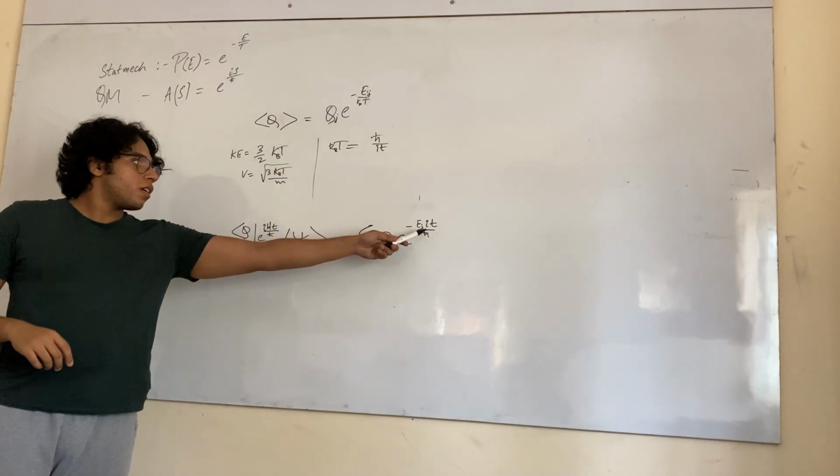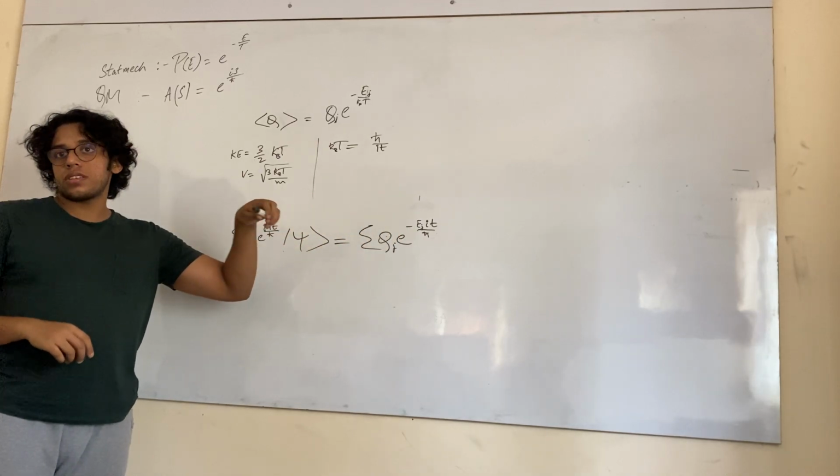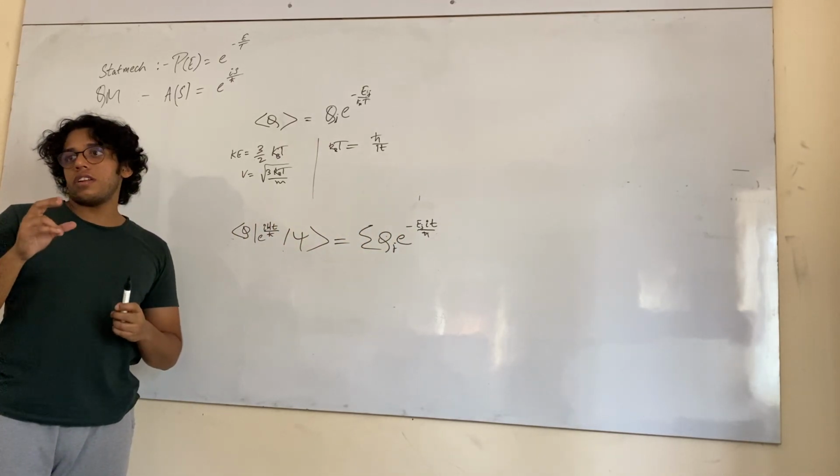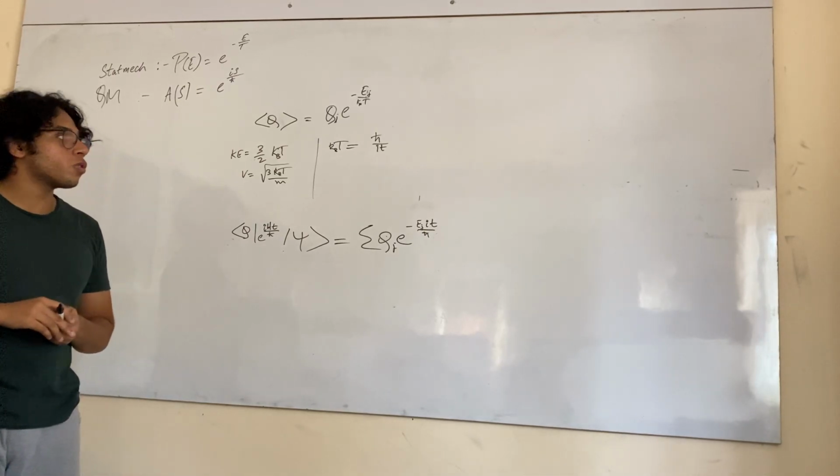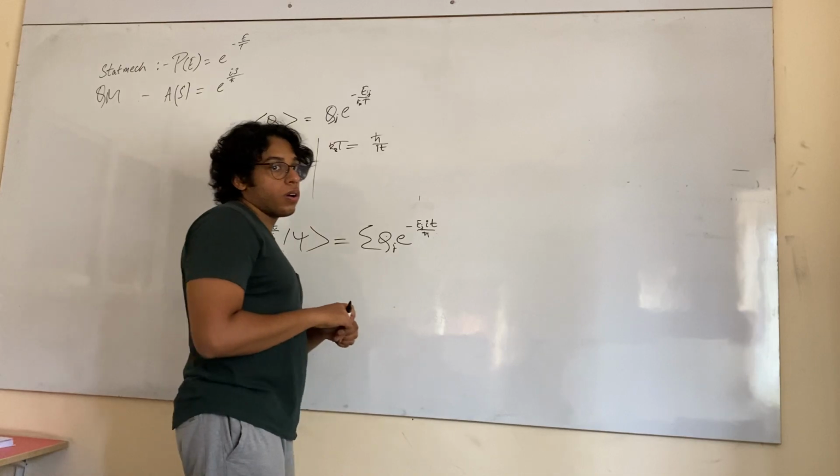This complex time is called a Wick rotation in quantum field theory. So what happens when you represent time?